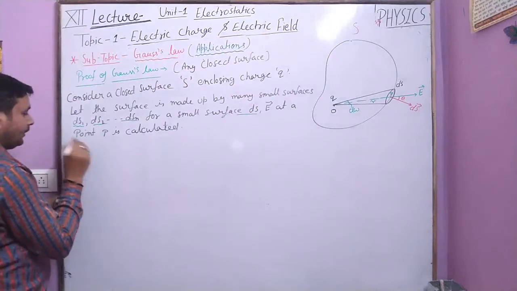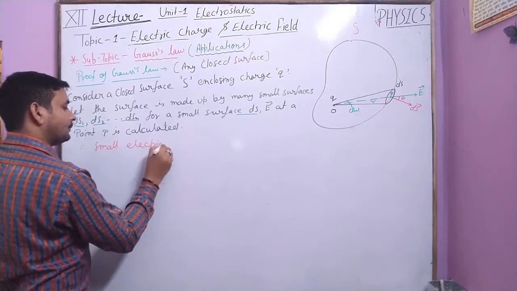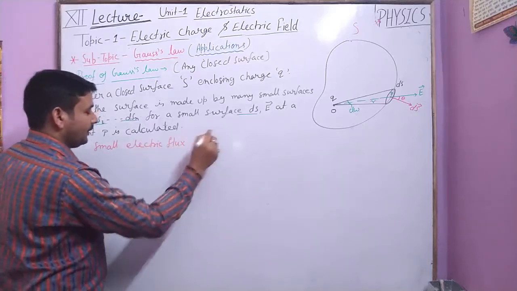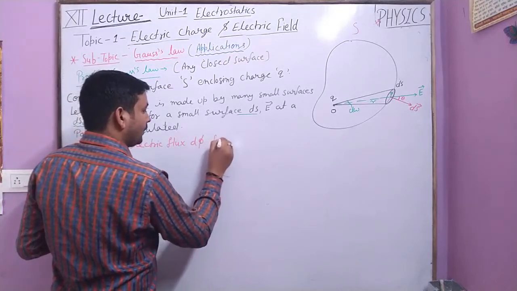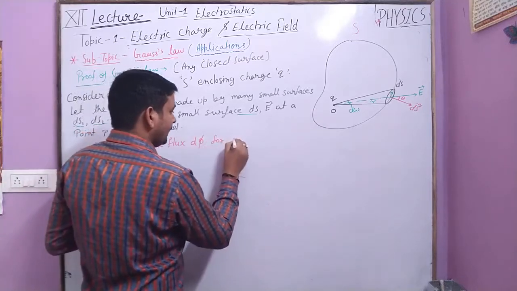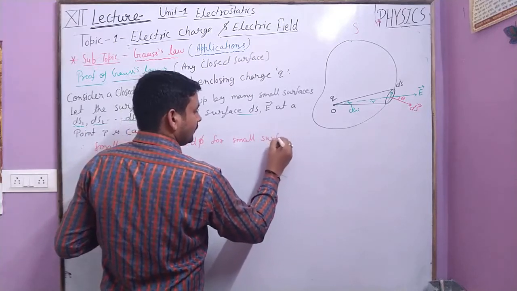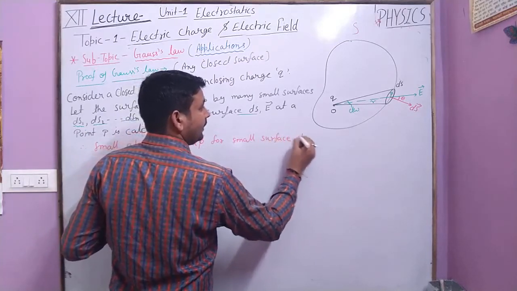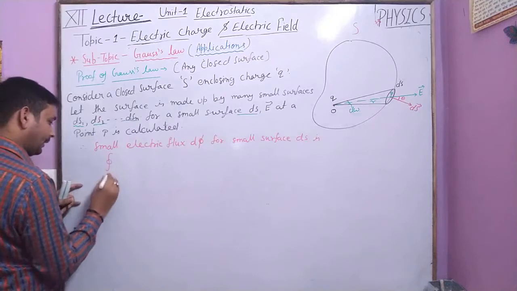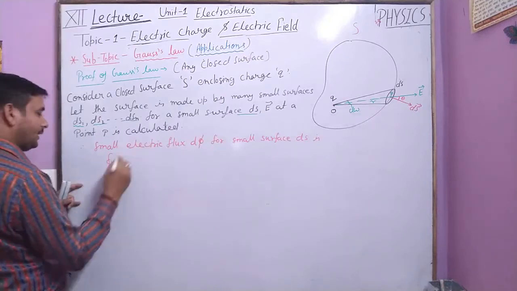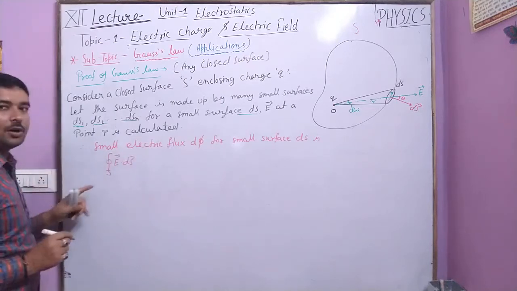Therefore you can say that the small electric flux d phi for a small surface ds is, you have that closed integral of surface E ds, vector E dot vector ds.